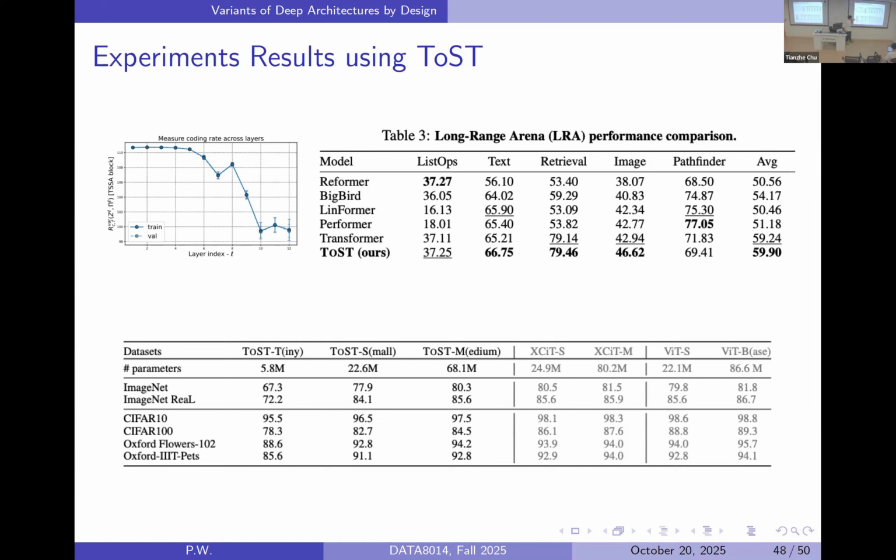We also implemented ToST tiny, small, and medium, with different numbers of parameters, like 5 million, 22 million, and 86 million, and compared with XCiT small and ViT small. You can see we achieve comparable performance on ImageNet, ImageNet Real, and also CIFAR-10, CIFAR-100, Oxford Flowers, and these different datasets.